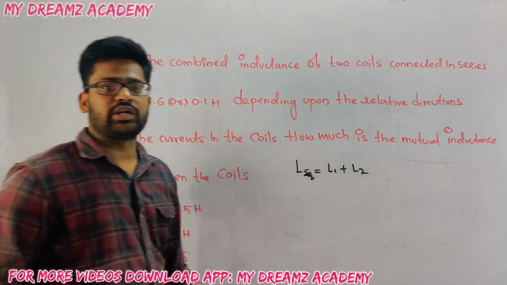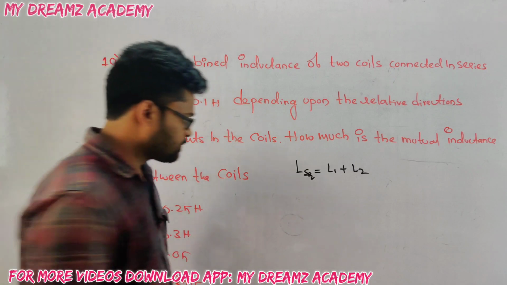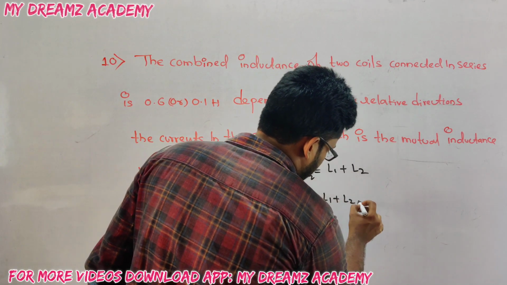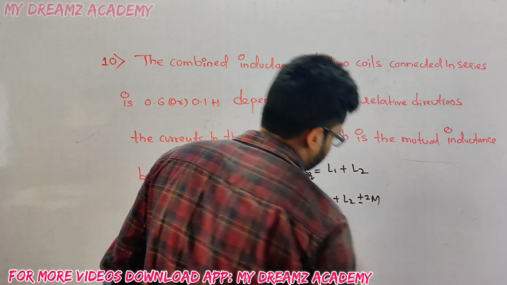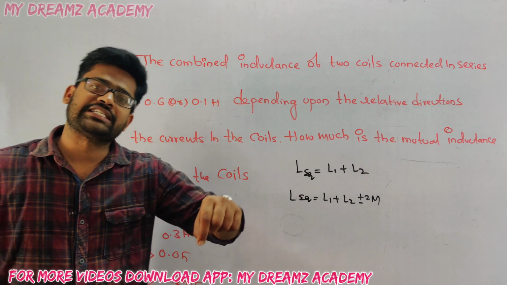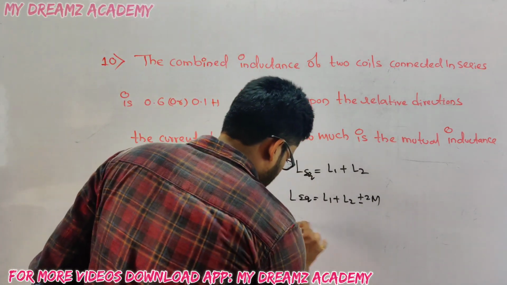Now if we have mutual inductance, it is L1 plus L2 plus or minus 2M, plus for mutually aiding, minus for mutually subtracting.